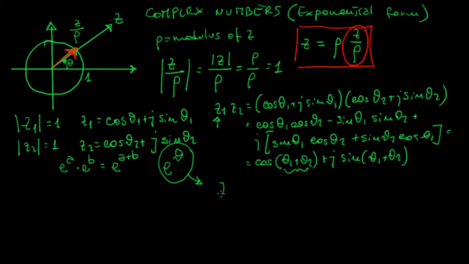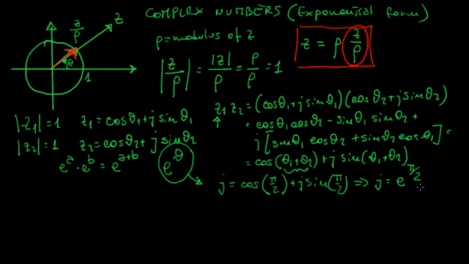Let us consider, for example, the imaginary unit j. j is given in trigonometric form as the cosine of pi over 2 plus j the sine of pi over 2. So if I would use this form to represent this number, what I get is that j should be equal to e raised to pi over 2.